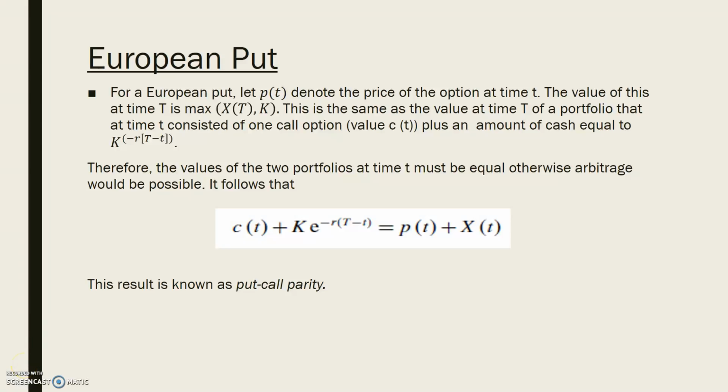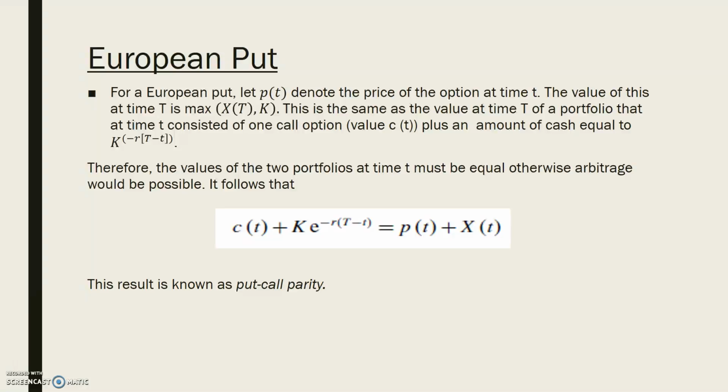Right, so the European put, just like the European call, can only be exercised at the time of its maturity. Let's say, if we're trying to put this in a scenario, we let P(t) denote the price of the option at time lowercase t, and the value at time uppercase T will be the max of K minus X(T), 0.